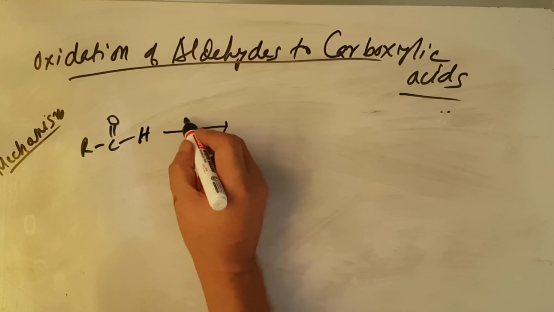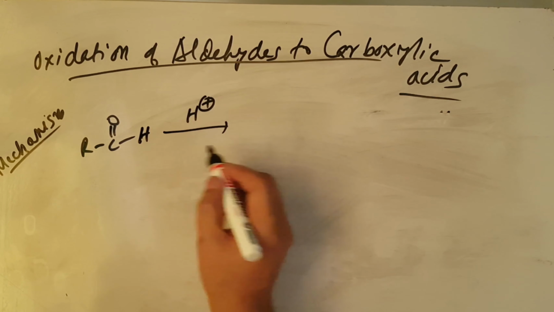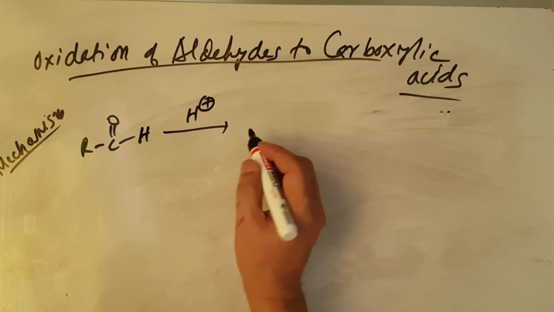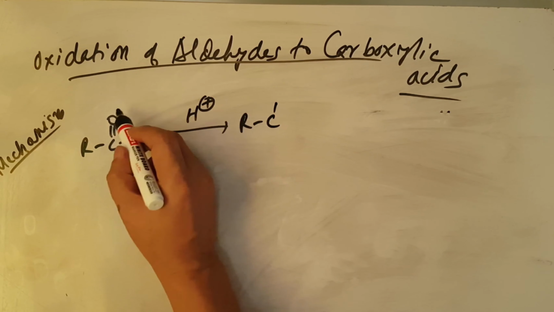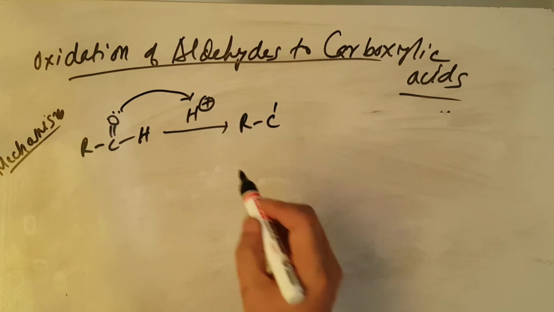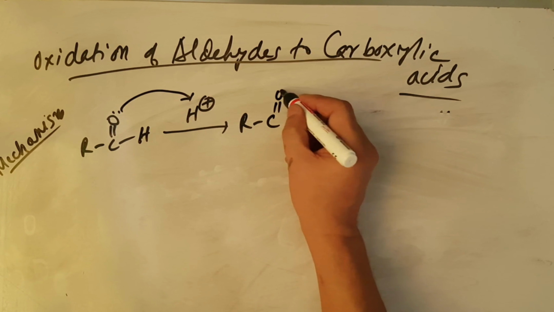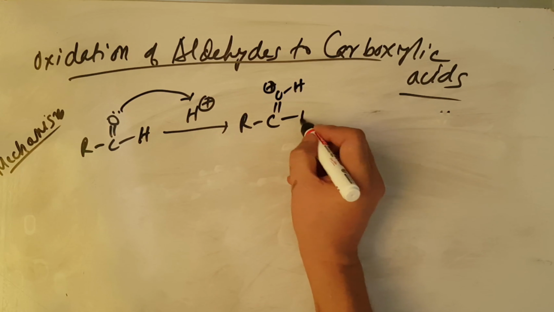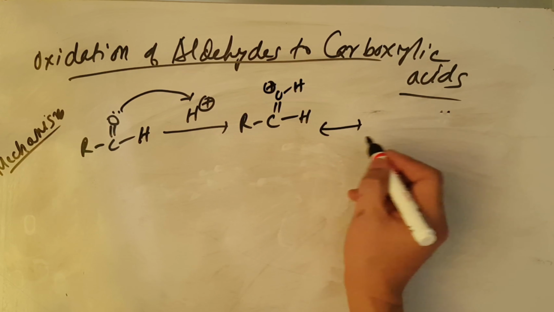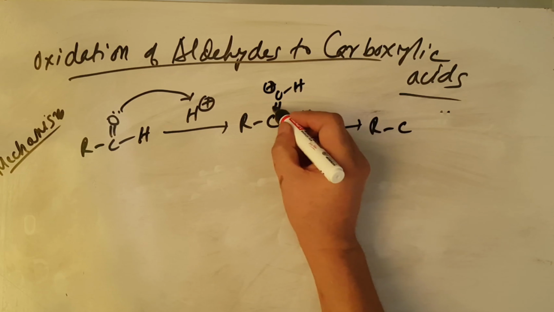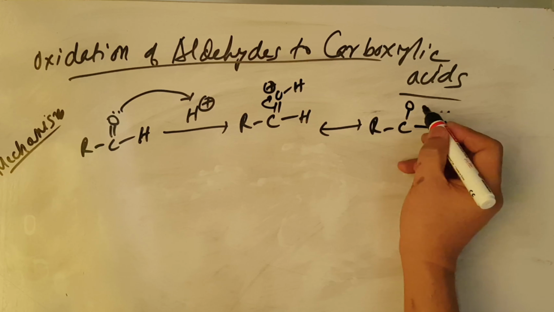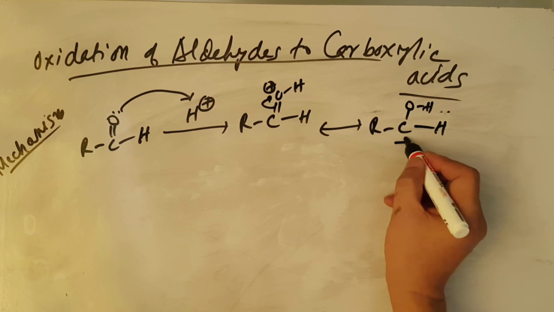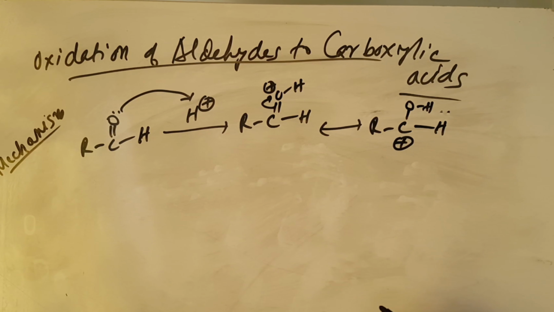In the presence of acid, it is first protonated, so we get this OH with a positive charge. It can be written like this, RCH with OH here and the positive charge here.